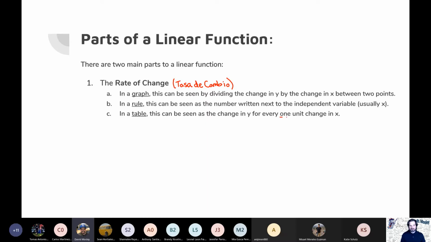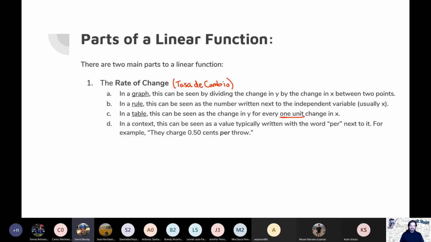This is very important. In a context, this can be seen as a value typically written with the word per next to it. For example, they charge 50 cents per throw.